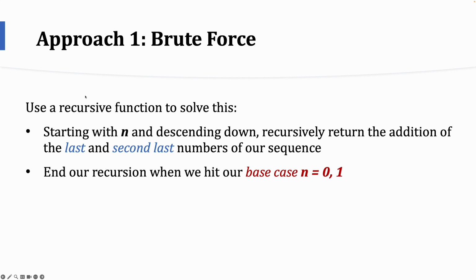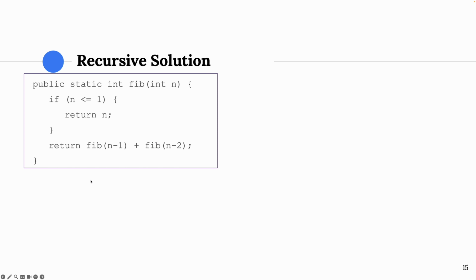Okay, so let's code this up. One simple implementation of this is going to look like this. If you're dealing with the base case, n equal to 0, the output is 0; n equal to 1, the output is 1. Therefore, if n is less than or equal to 1, the output is going to be n, right? It's going to be itself.